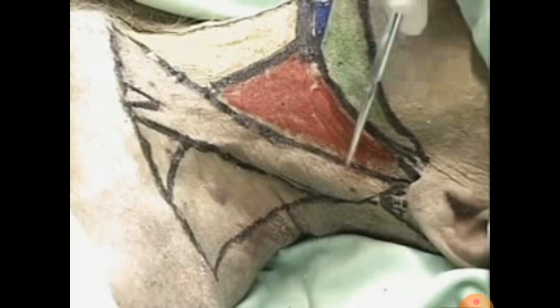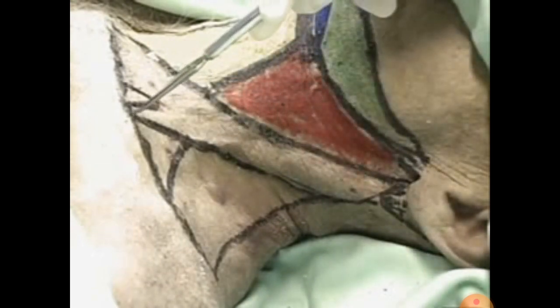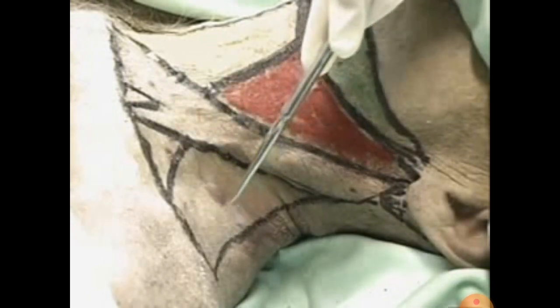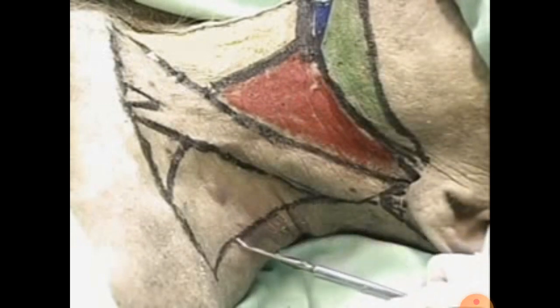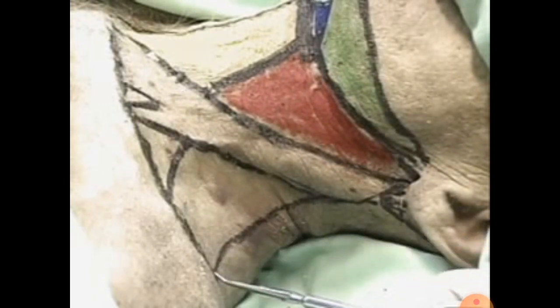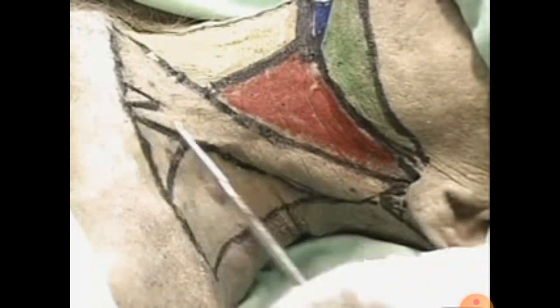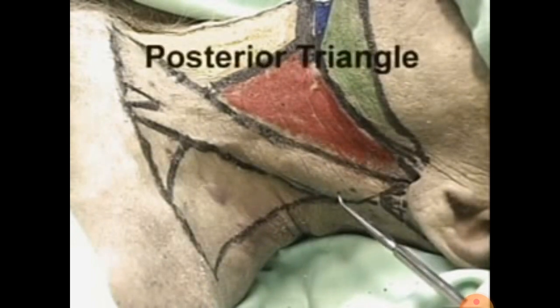Okay, now we would like to have a look at the posterior triangle, the boundaries of which are formed by the posterior border of the sternocleidomastoid, the middle third of the clavicle, and the anterior border of the trapezius muscle. So the three boundaries are formed this way. Now the base of the triangle is the clavicle, and the apex is formed here. Okay, this is the posterior triangle.